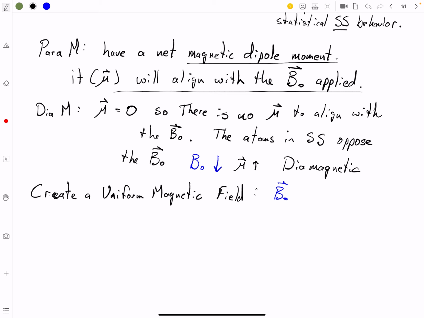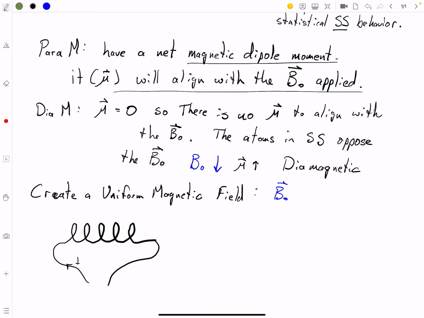Hopefully you guys have thought about it for a little second, and we'll draw our solenoid like this. Come out here. So there's our solenoid, and I'm drawing it loosely so that we can see.